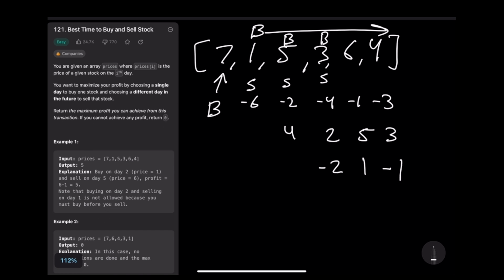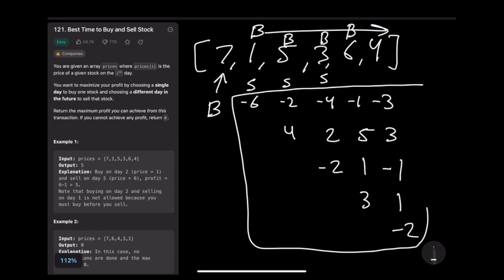If we buy at 3, we could make 3 if we sold at 6, or 1 if we sold at 4, and finally, if we buy at 6, we can make minus 2. So in this listing of values here, there is a maximum, which is 5. And so if we just keep track of the values for every possible buy-sell pair, at the end we could just return the maximum one.